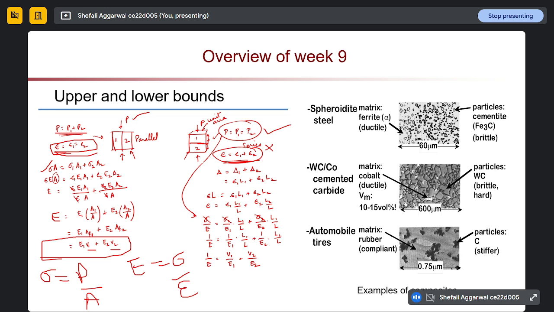In this case, we are taking it from the deformation point of view instead of the stress value. So deformation is equal to strain into length, right?